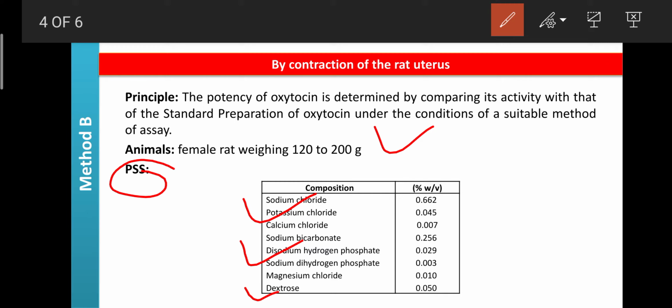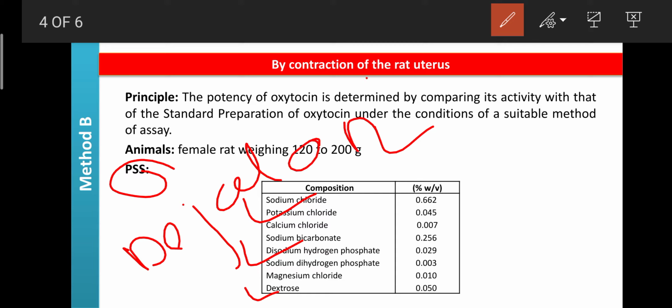So in method B we require De Jalon's solution. In the bioassay of oxytocin using the rat uterus, you use physiological salt solutions like De Jalon's. If you are using the frog heart, you should use frog Ringer solution; their composition is different.